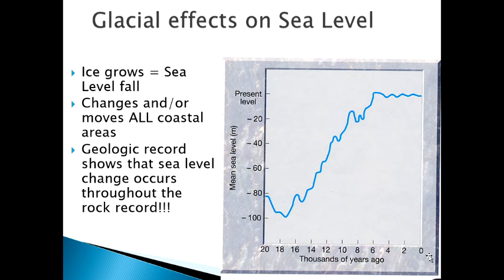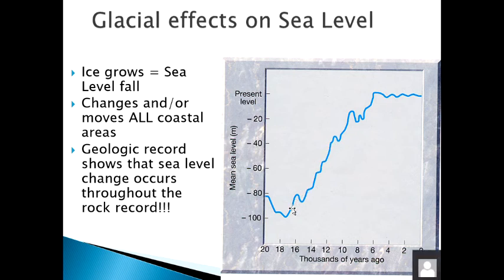If you go back 2,000 years, 4,000 years, 6,000, 8,000, notice sea level is much lower. It drops by 20 meters. Remember, a meter is a little bit over 3 feet, so that's over 60 feet. 40 meters, 60 meters, 80 meters as you go back.